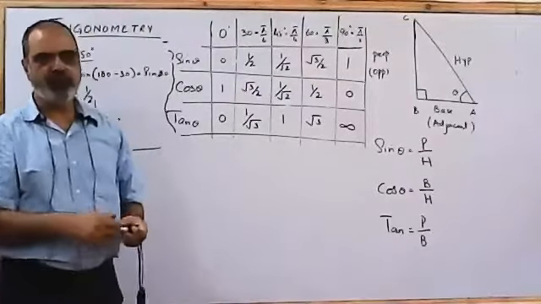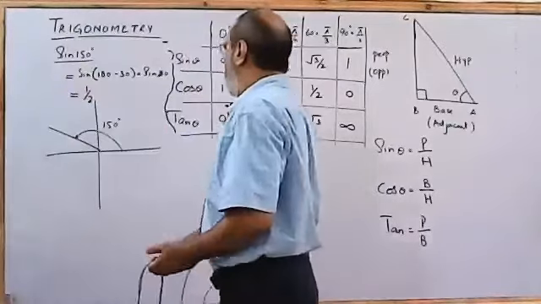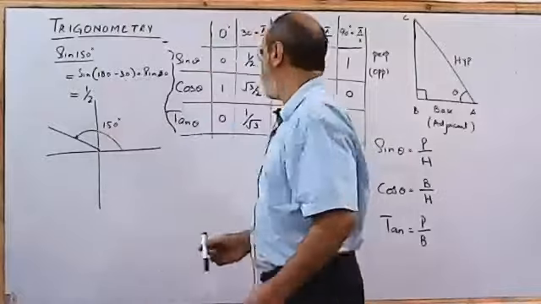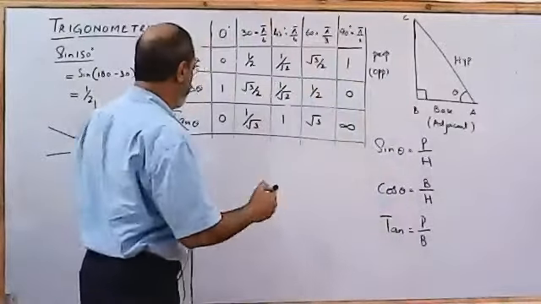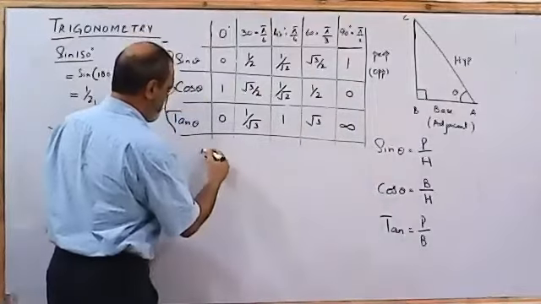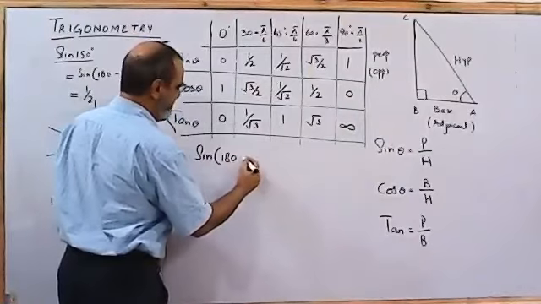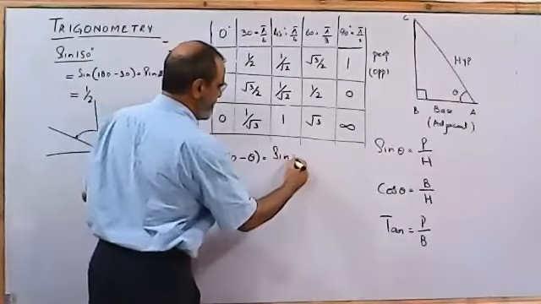It's not new for you, you people are already familiar with it. So here I have used a formula, and we are using this formula since O level. Let me remind you the formulas. Sine 180 minus theta is equal to sine theta.